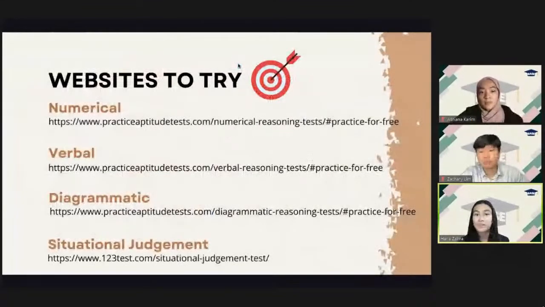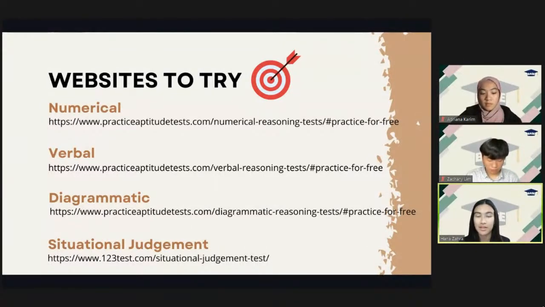Okay, and these are a couple websites that you guys can actually try for the assessments. So you've got Numerical, Verbal, Diagrammatic, and Situational Judgment. And it's usually paid, but there is also a free practice test that you guys can try. You don't have to do that many tests, as long as you manage to get a gauge or an idea of how the test works, and that's fine.